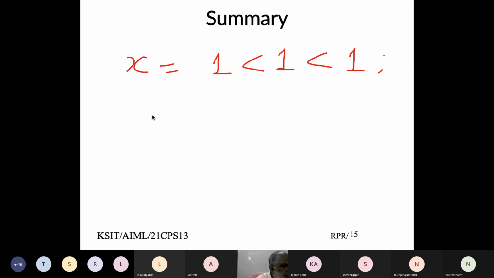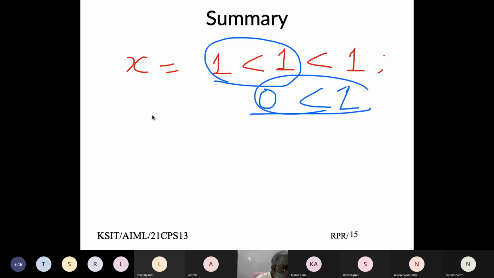If I were to print x, this is a Boolean operation, and this is left to right association. First we evaluate 1 less than 1. 1 is not less than 1, so this is false, and false becomes 0. And now because 0 is less than 1, which is true, x gets the value 1.